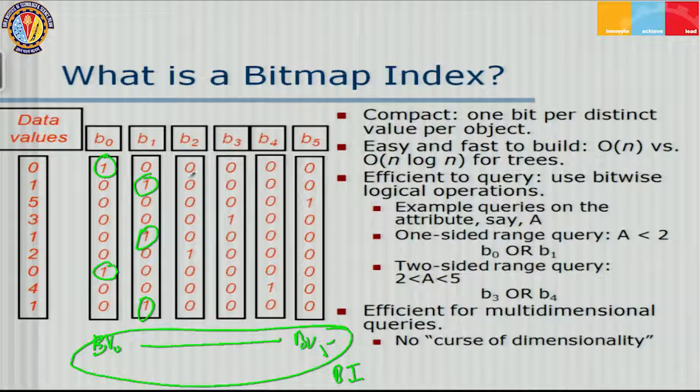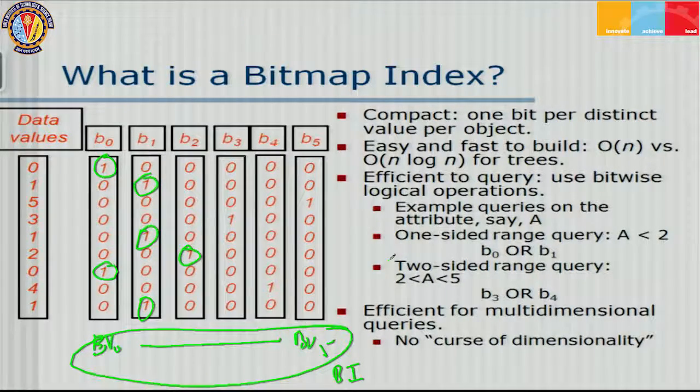And 2 is encountered only once, and so on. So this is how I put it. So B0 tells me that the first record in this table has the value 0 for this attribute.